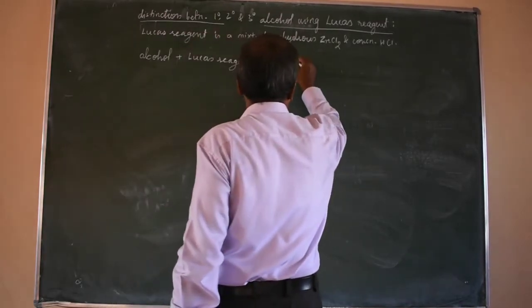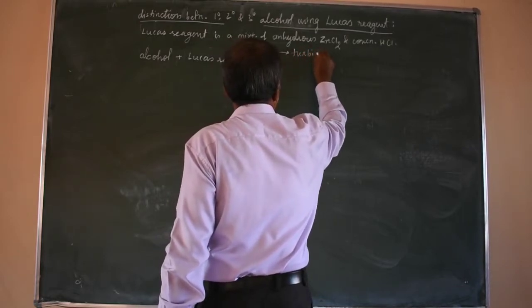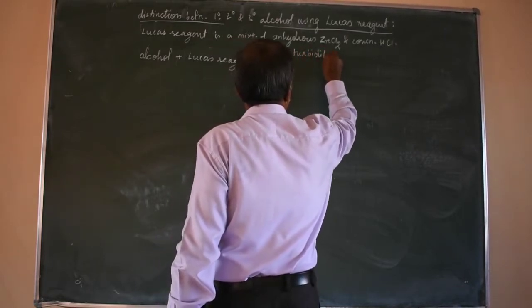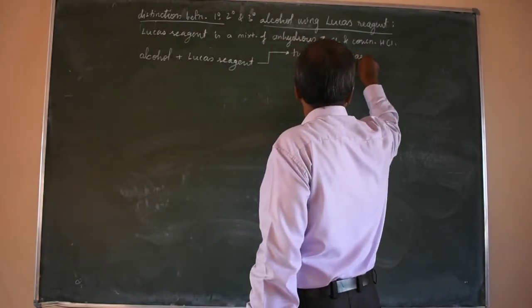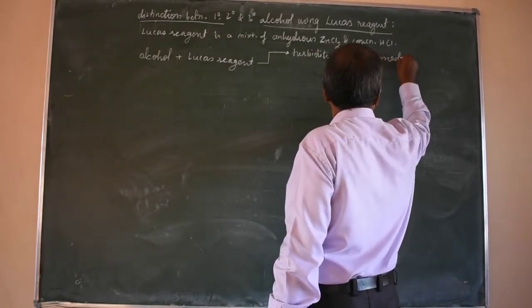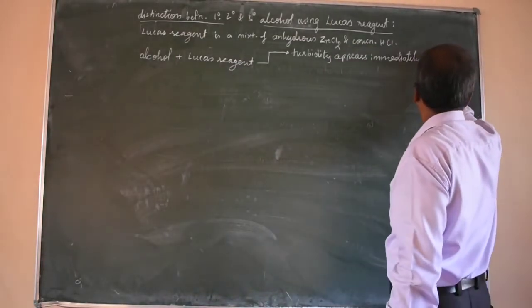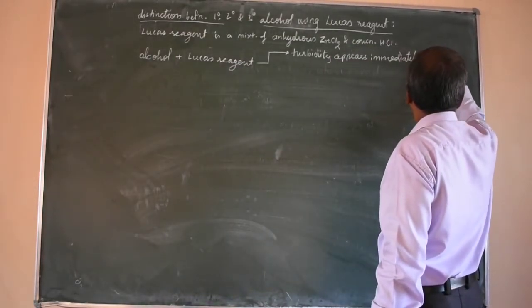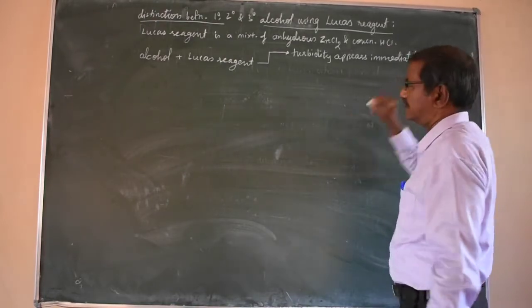Turbidity appears immediately for 3 degree alcohol or tertiary alcohol.